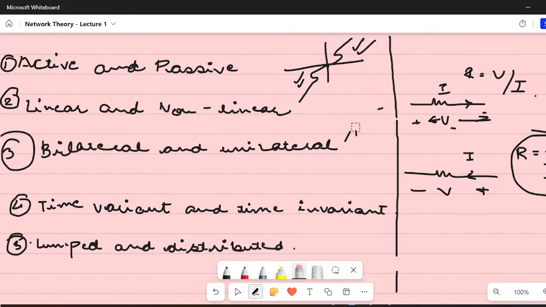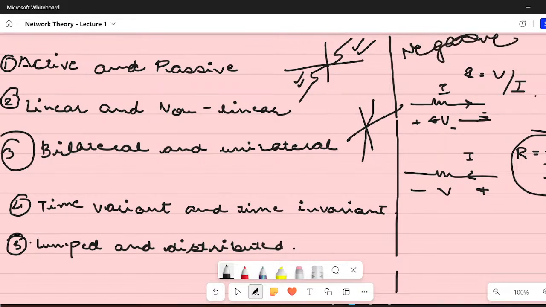In general, anything which passes through the origin and is symmetric in both the first and third quadrant would be a bilateral element. That is how you identify it if you are given a graph.